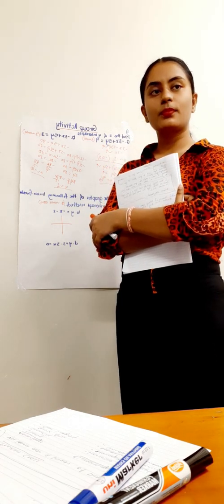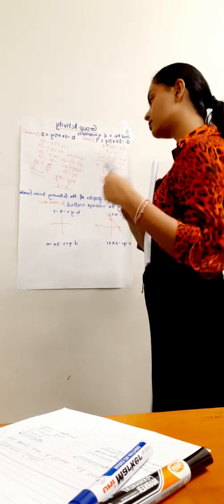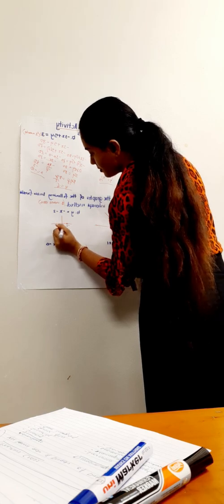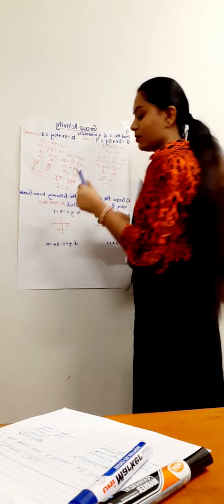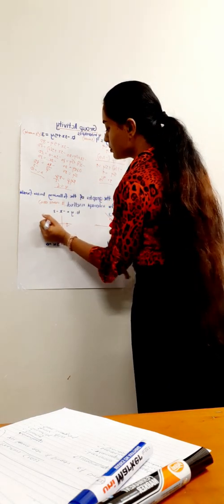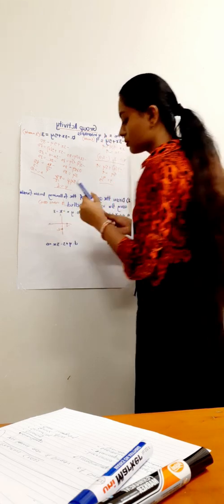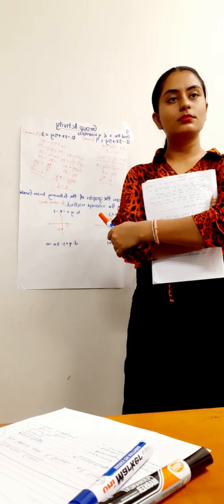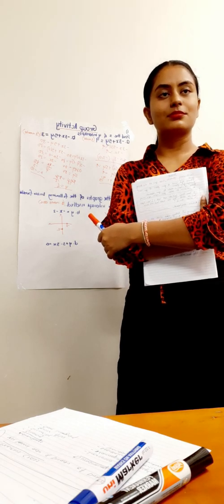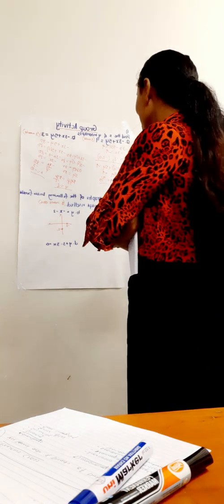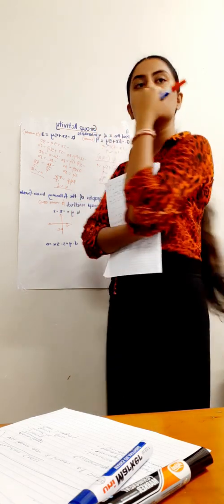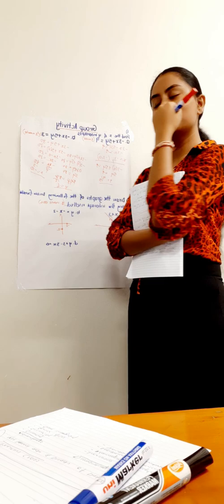And for the x-intercept, y is equal to 0, so 0 is equal to negative x minus 2. Add 2 to both sides, 2 is equal to negative x. Divide by negative 1, and we get negative 2 is equal to x.